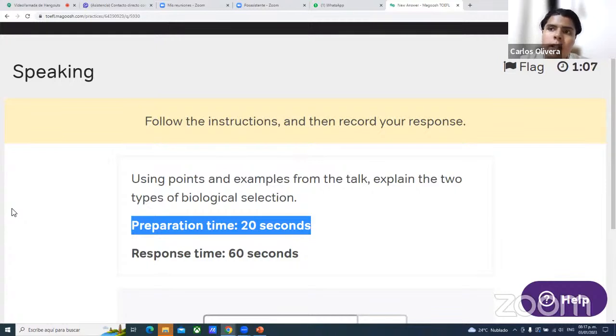So please don't give yourself, in this case, the opportunity to speak more than the 60 seconds, but always frame your response when practicing within the 60 seconds, because on the exam, dear students, there is no manner your response is going to be recorded after the 60 seconds. So if you need to push yourself in order to get this timing, do it right now when you are practicing.